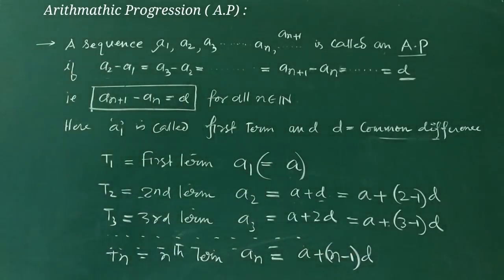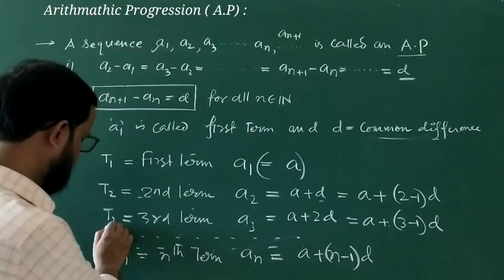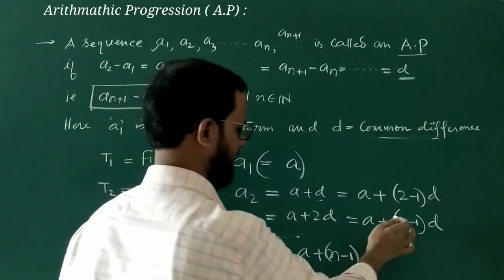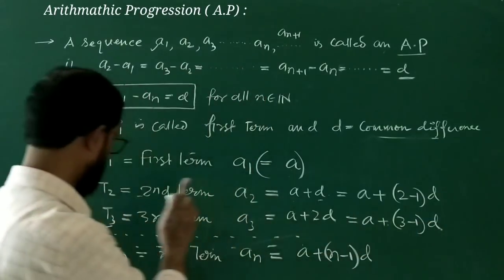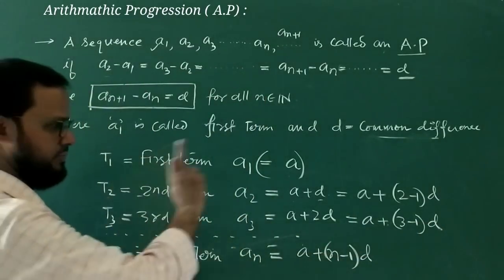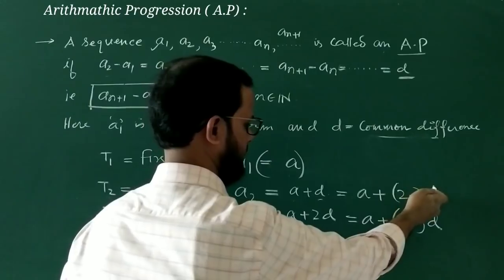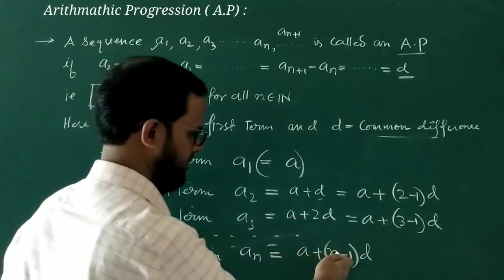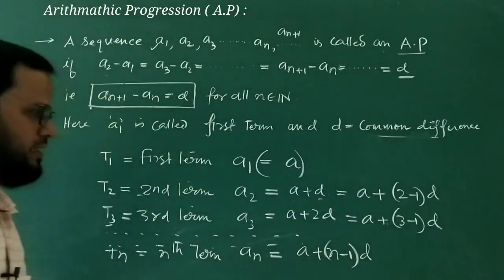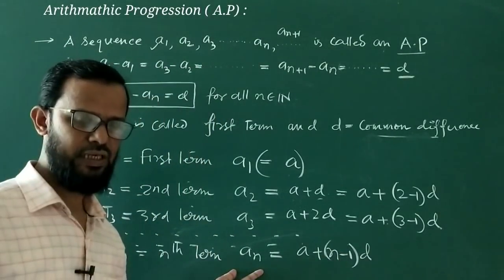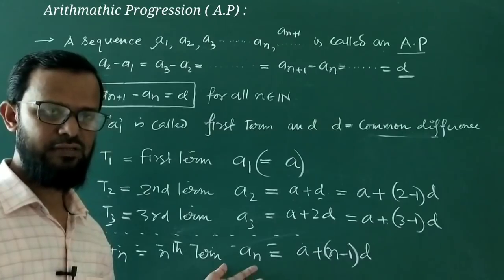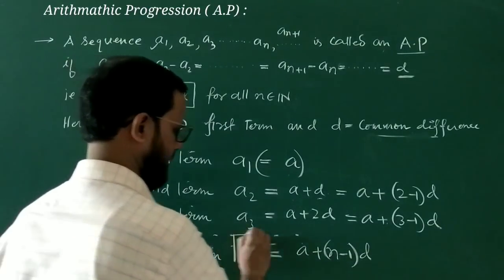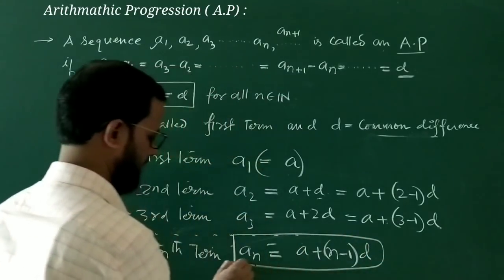When it is t3, the third term, it can be written as a plus 3 minus 1 into d. When it is t2, the second term, it can be written as a plus 2 minus 1 into d. When it is the nth term, it can be written as a plus n minus 1 into d. This is our important result. The nth term of an arithmetic progression is given by this relation.